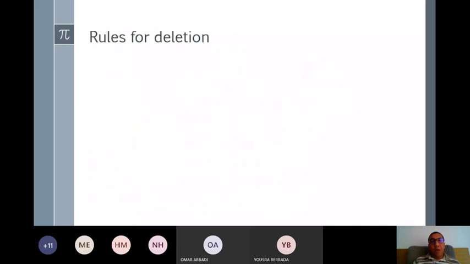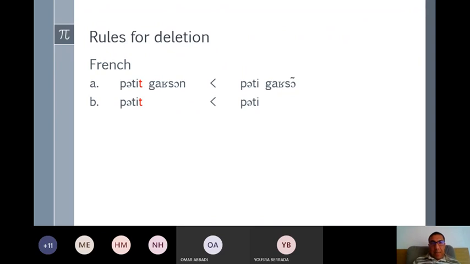All right, so now we move to see how we can formalize rules for deletion. Remember the data from French where we have deletion of a consonant like t, word finally, and in order to refer to deletion, we use the null symbol.